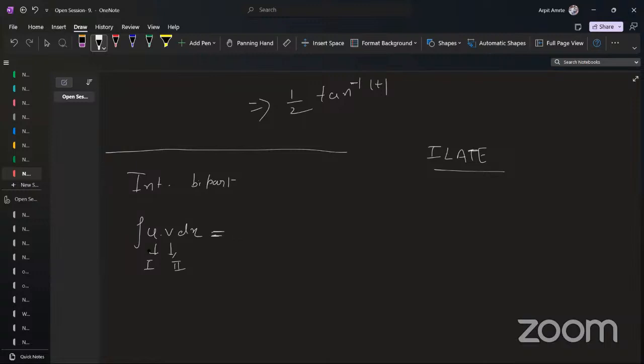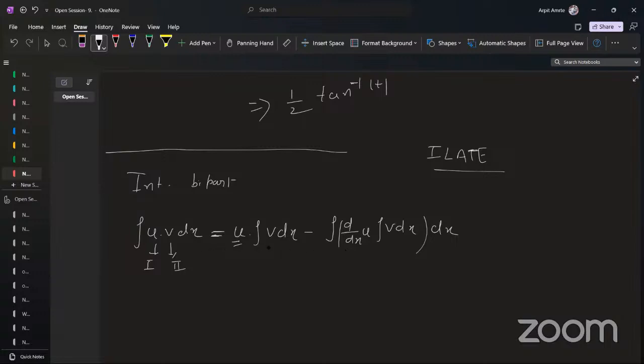If u is my first function, what is the formula saying? Take the first function, then integrate the second function dx, minus the integration of the derivative of the first function, d by dx of u, times the integration of the second function, and the whole integration. Okay, this is the formula. It looks complicated, but this is what it is.